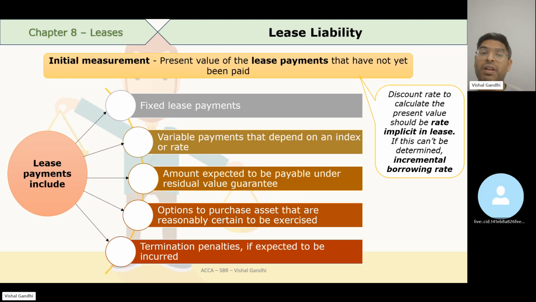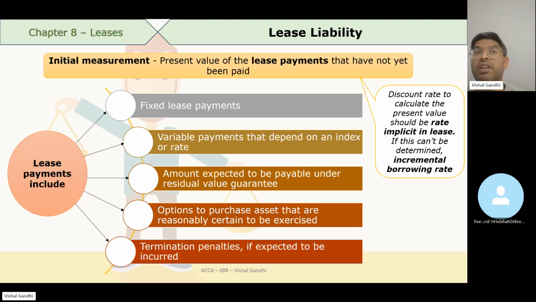Now, since we're calculating the present value, we need a discounting rate. What discounting rate will we use to calculate the present value of these lease payments? The discount rate should be the rate implicit in the lease, or if this cannot be determined, the incremental borrowing rate.